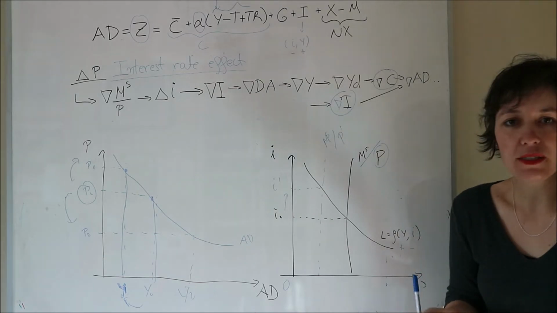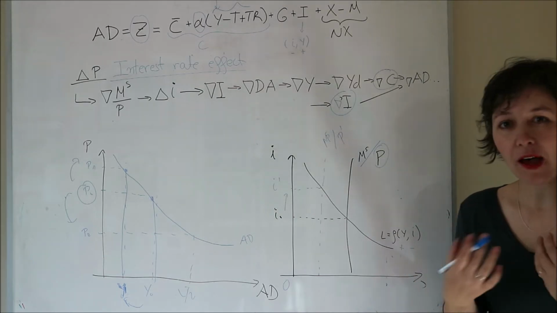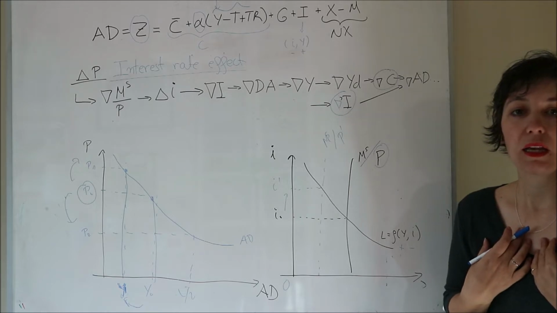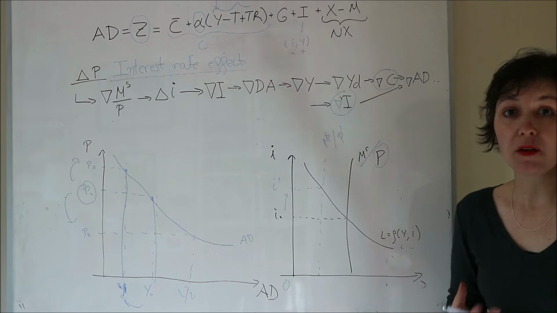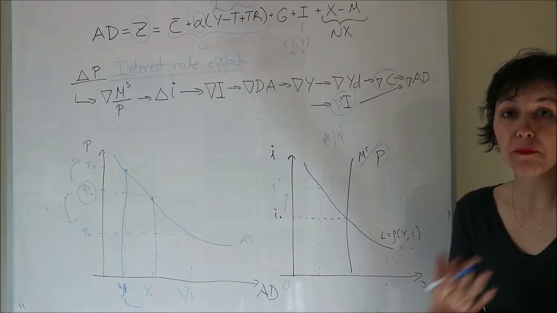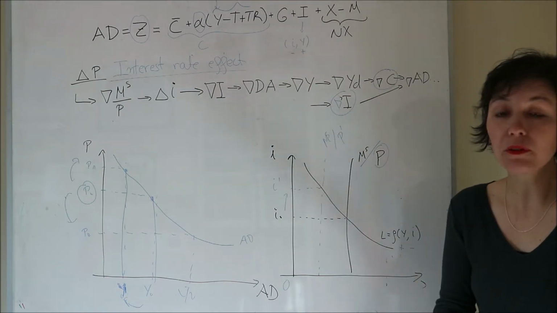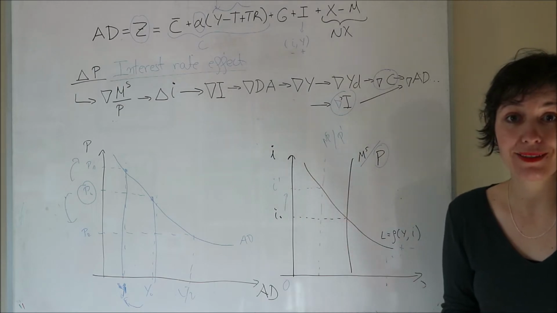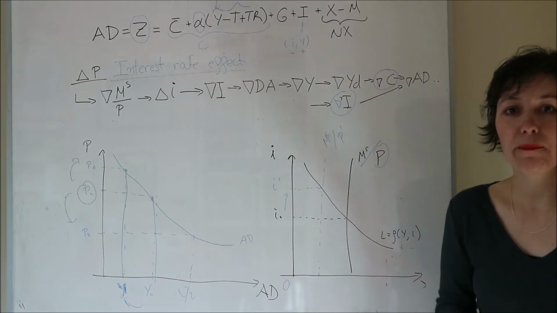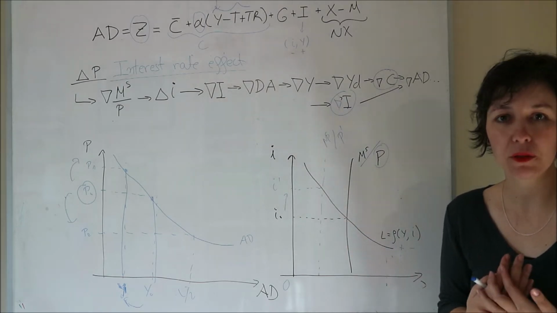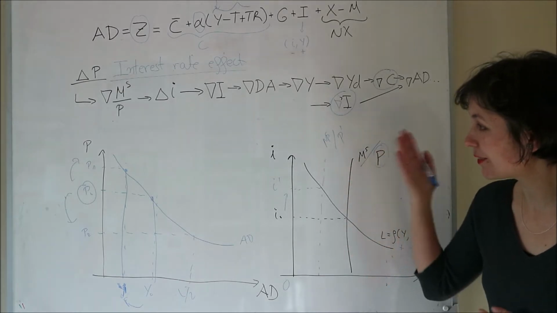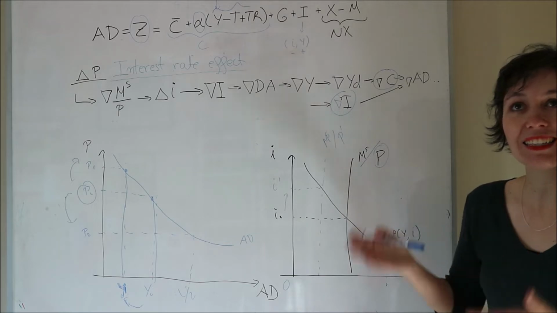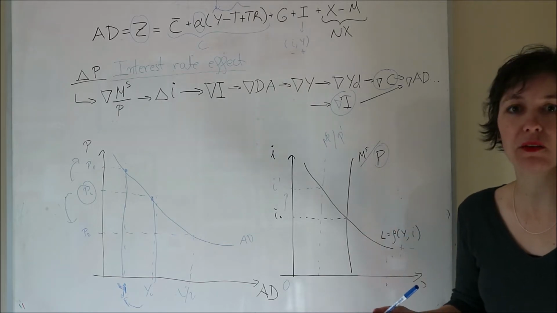And why is that? If you remember, the cost of having money with me is the interest rate that I don't receive. If instead of having the money with me, I invest by buying a bond, I'm going to get the interest rate. So I'm losing in a certain way just by having that money with me. That is the opportunity cost of having money with me.